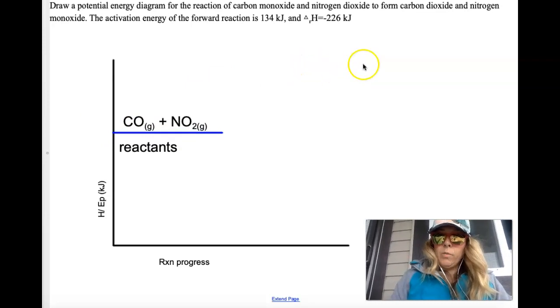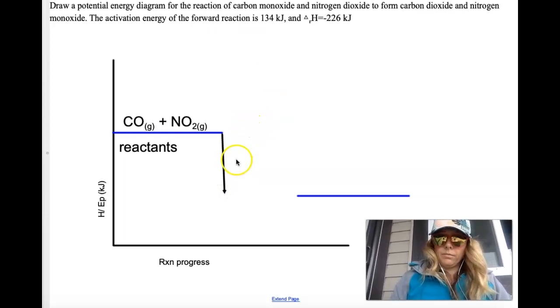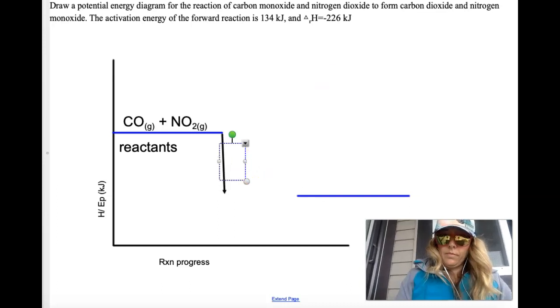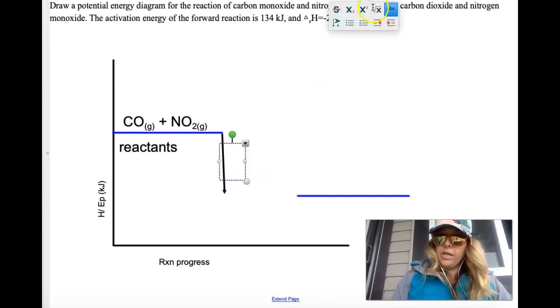All right, where are we going to draw that product line? Well, we're going to decide where to draw the product line based off this delta H. So delta H is negative 226. So I should be drawing it somewhere down here, right? So that this actually gives me a negative, because I need to be able to recognize that this here is going to represent that delta H, and we know what delta H is, right?